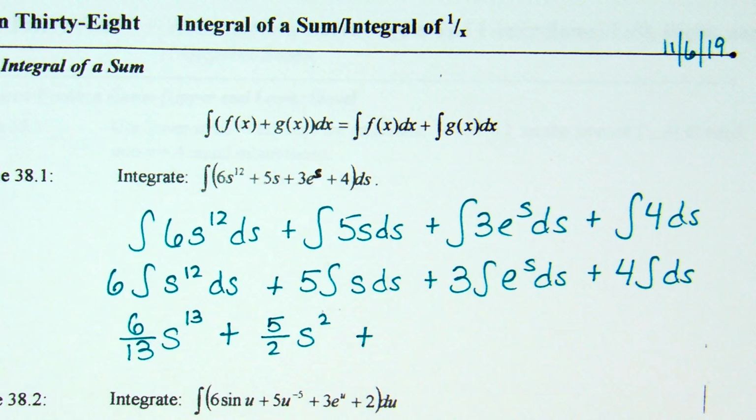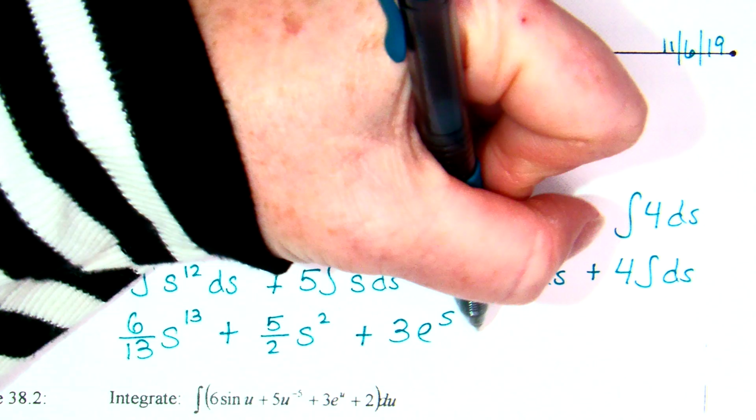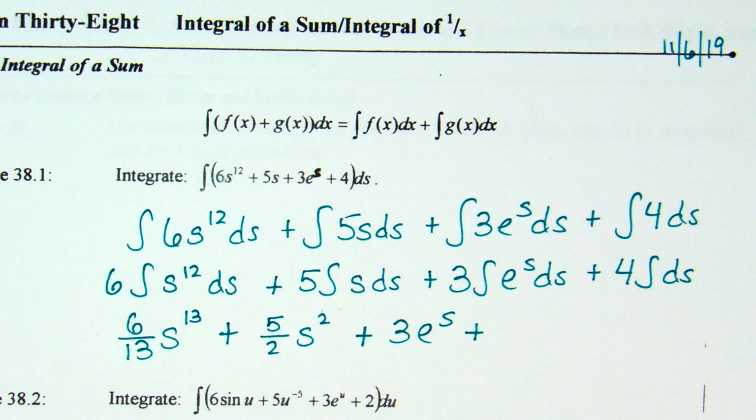Okay. Integral of e to the s. The derivative of e to the s is e to the s. So the integral of e to the s is e to the s. So this is just going to be plus 3e to the s plus integral of ds.